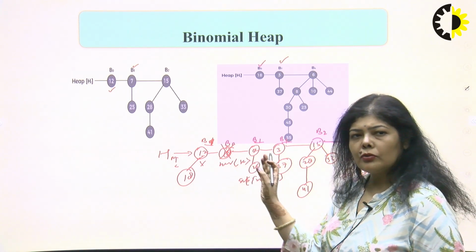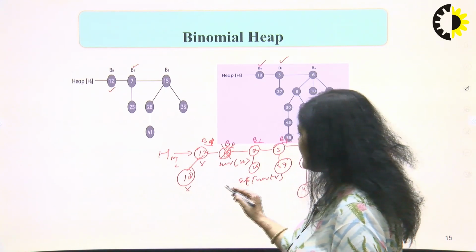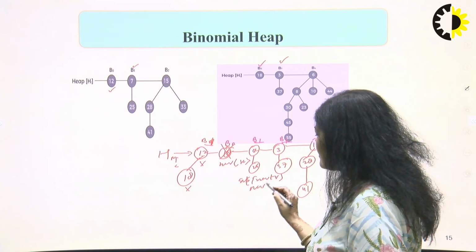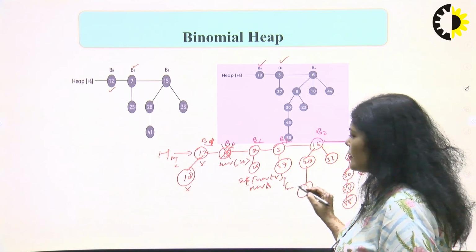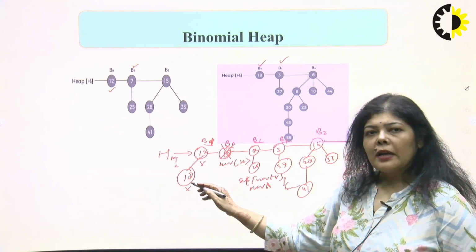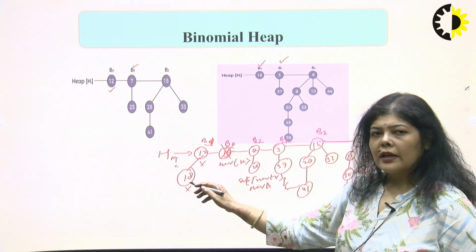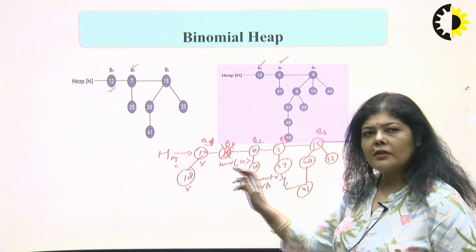Again, we need to start with the same thing and compare each and every case. This becomes x, this becomes next x, and this becomes sibling of next x. Again, we need to check the cases. Case 2 applies here, which says degree of x, degree of next x, and degree of sibling of next x must be equal. So they are equal here.